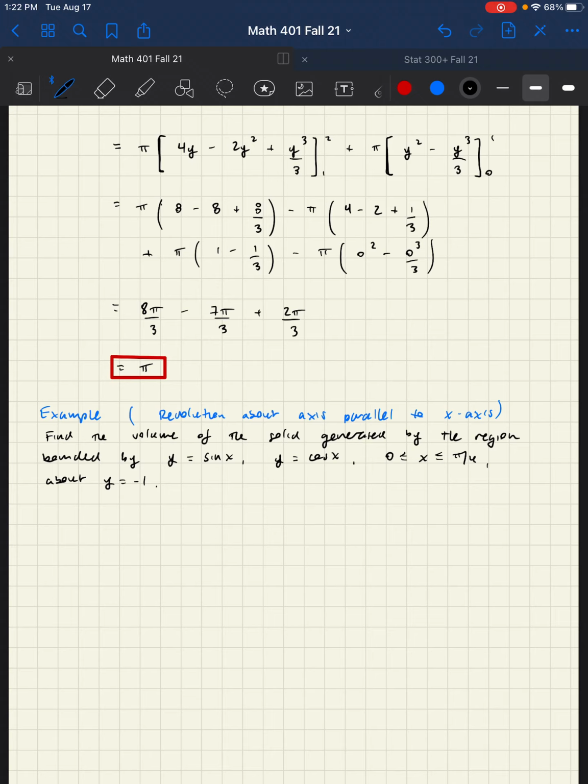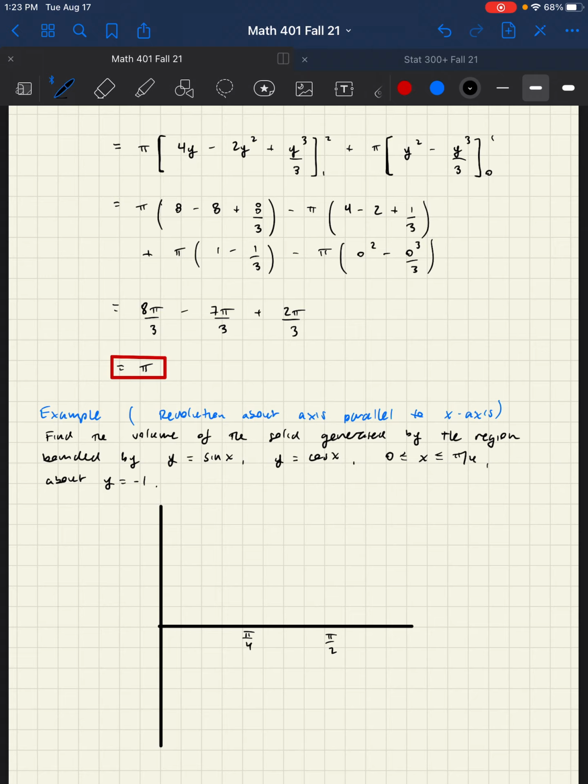I'm going to draw it in excruciating detail here, and then on the next page, I'll set up the integral. So roughly what we're looking at is something like this. Remember that we're looking at just between 0 and pi over 4 for the x-axis.